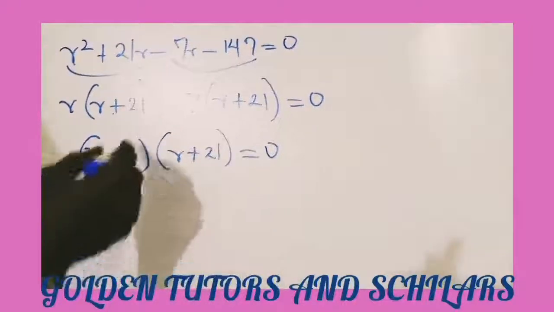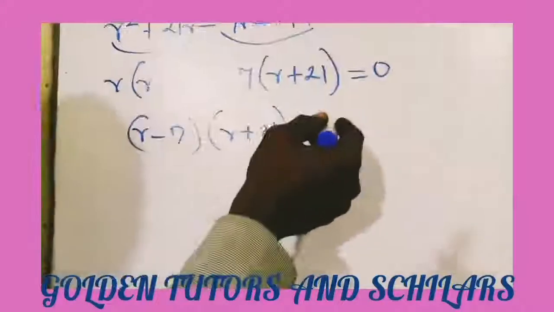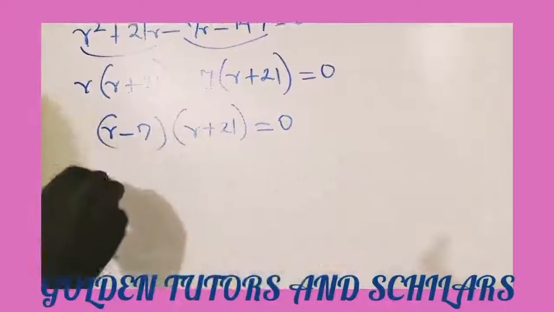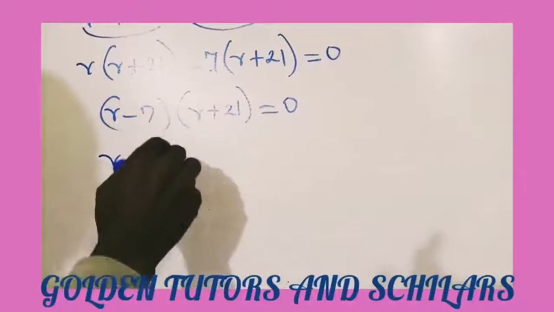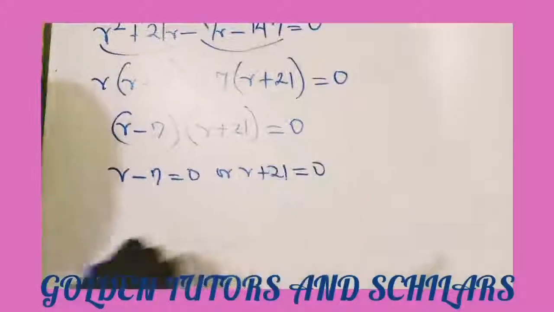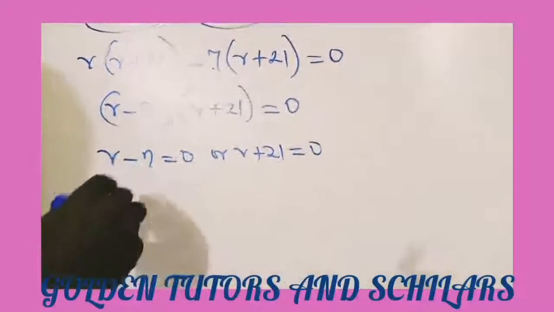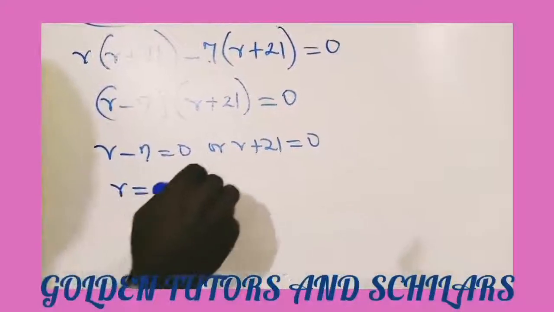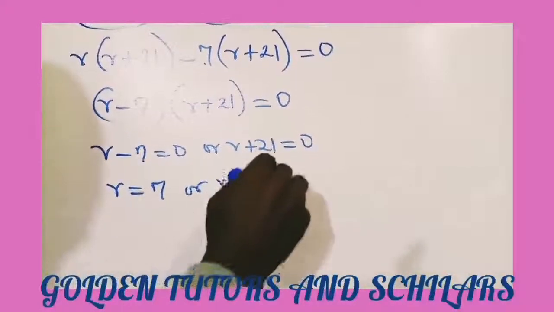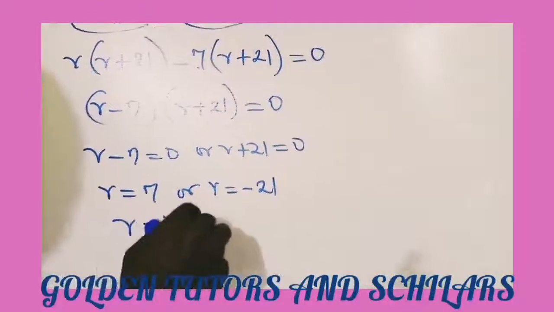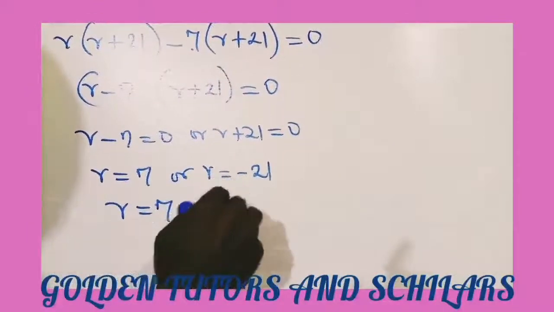If two factors multiply themselves to give you 0, it means that either of them is 0. So it means that r minus 7 is equal to 0 or r plus 21 is equal to 0. So here, if we move 7 here, we have r equals 7 or r equals minus 21.